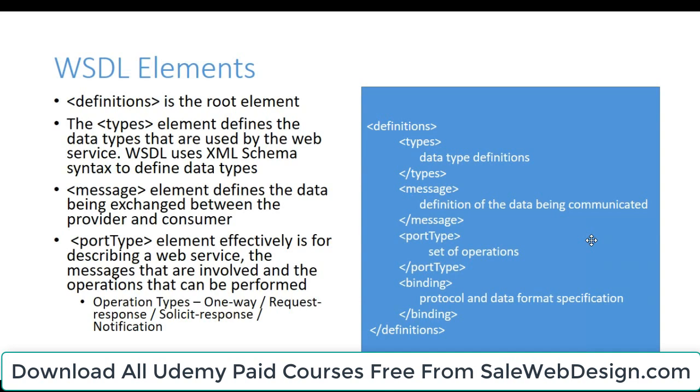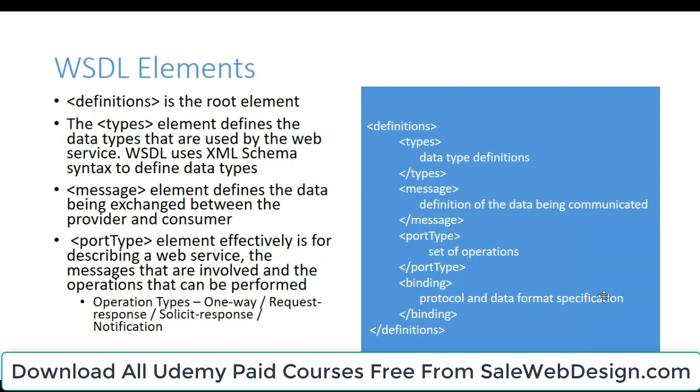WSDL at a high level has following key elements: types, message, port type, and binding. A WSDL has a number of other elements, but they are contained within these four main elements. These may all be developed separately and then clubbed or reused later to form complete WSDL files.